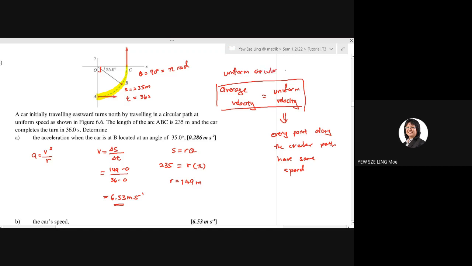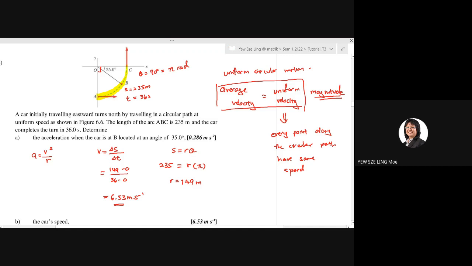For uniform circular motion, we focus more on the magnitude. So not the velocity, of course, it's the magnitude of the average velocity equals the magnitude of the uniform velocity. So it's more on the speed.